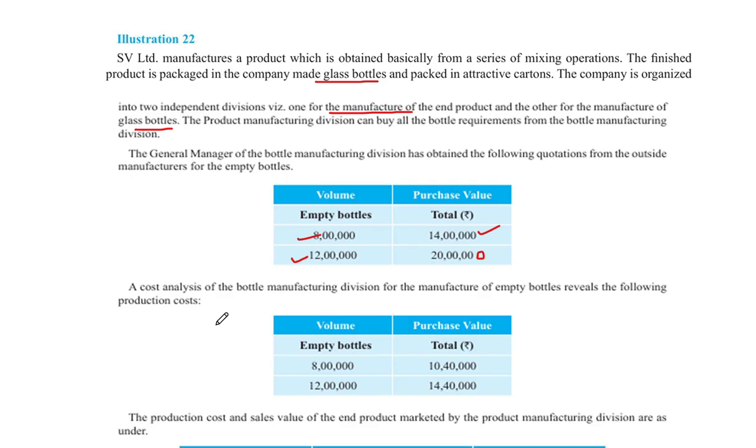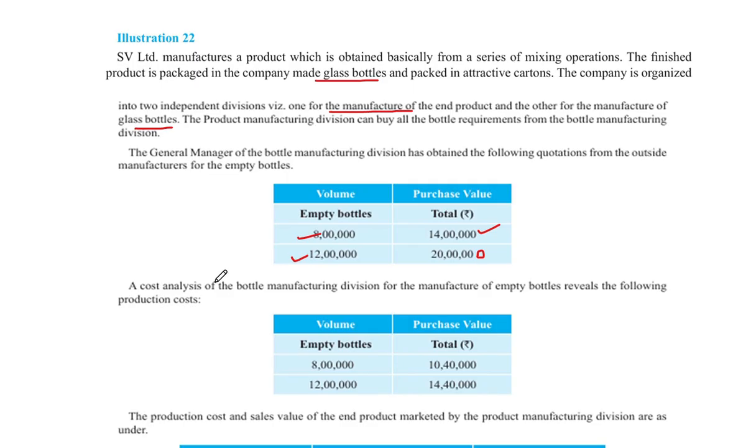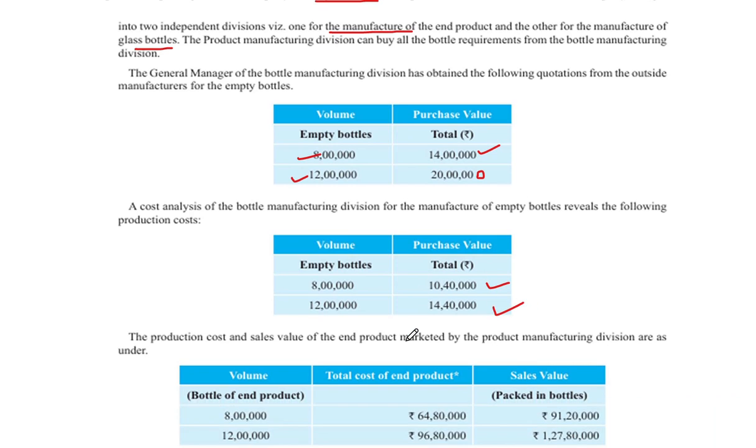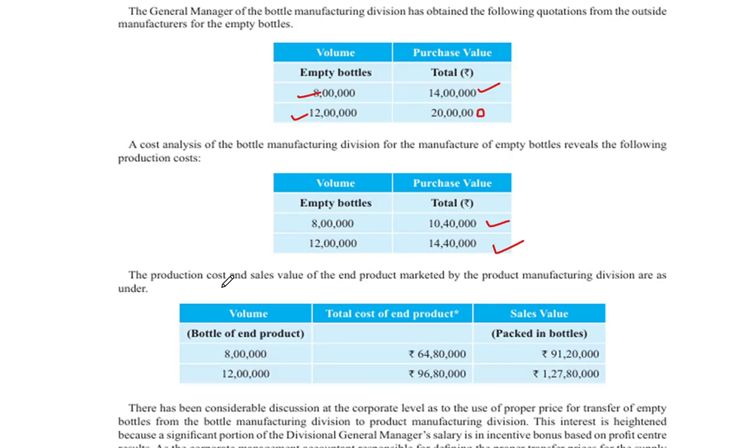For 8 lakh units, the cost is 10 lakh 40,000, and for 12 lakh units, the production cost will be 14 lakh 40,000.